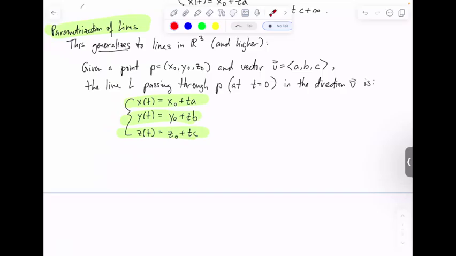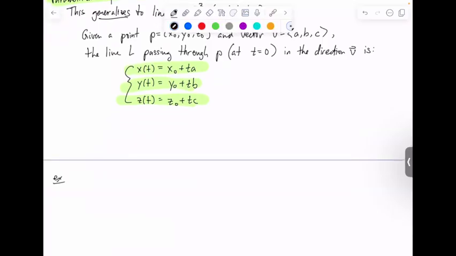All right, let's do an example. This is pretty formulaic, so I think one example for now should suffice.